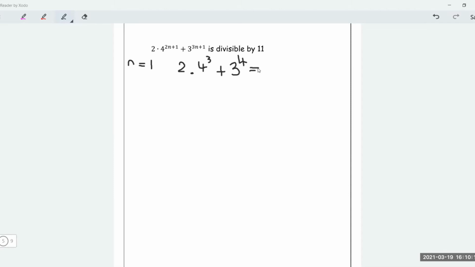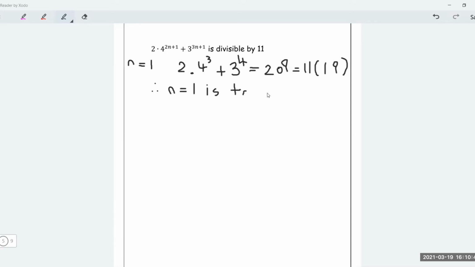Yes, this is 209 according to my calculator, and 209 can be written as 11 times 19. And so since we can write it as 11 times 19, therefore n equal 1 is true. So when n is 1, it is divisible by 11.